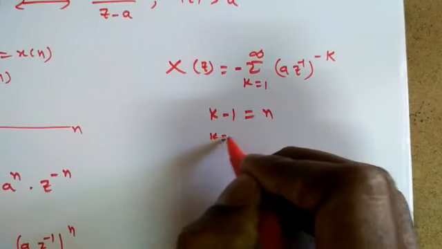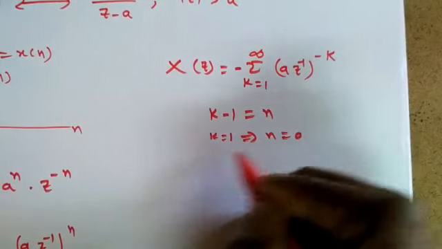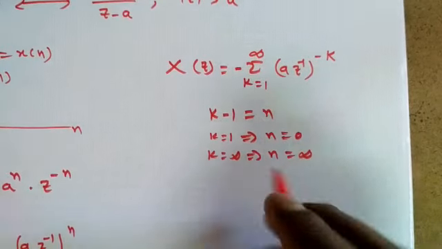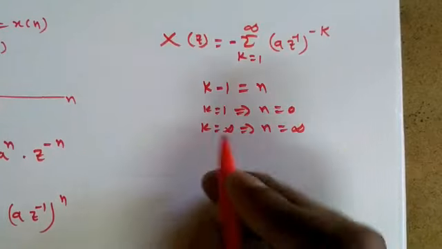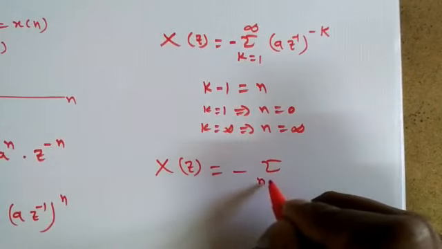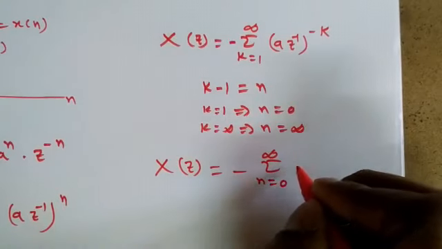Now if I substitute k equal to 1, n will become 0. If I substitute k equal to infinity, n is equal to infinity, because infinity minus 1 is infinity only. Now the X of z is minus of sum n equal to 0 to infinity.